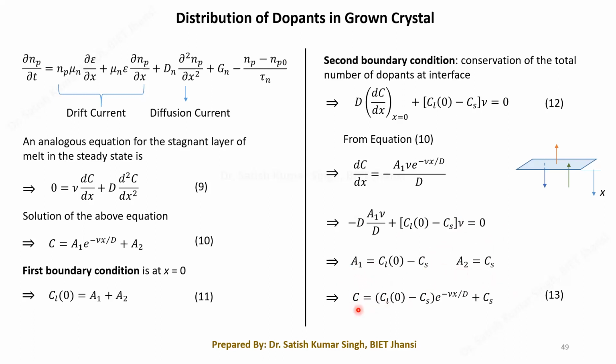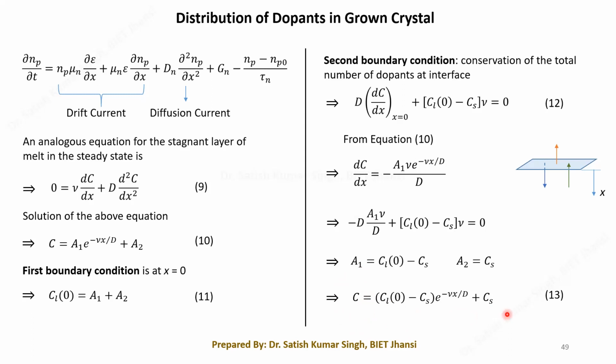So this C equation will be equal to (CL0 minus CS) e to the power of minus nu x upon D, plus CS. This is our equation for the concentration of your dopants within the stagnant layer.